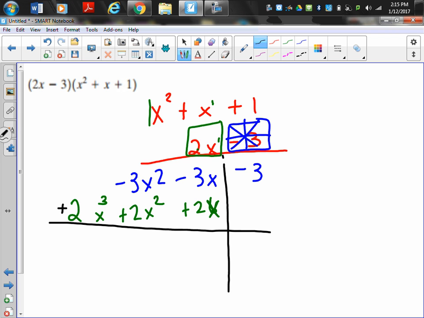Draw my lines to keep them. -3 plus 0 is -3. -3x plus 2x? -x. -3x squared plus 2x squared? -x squared. 2x cubed plus 0? 2x cubed.